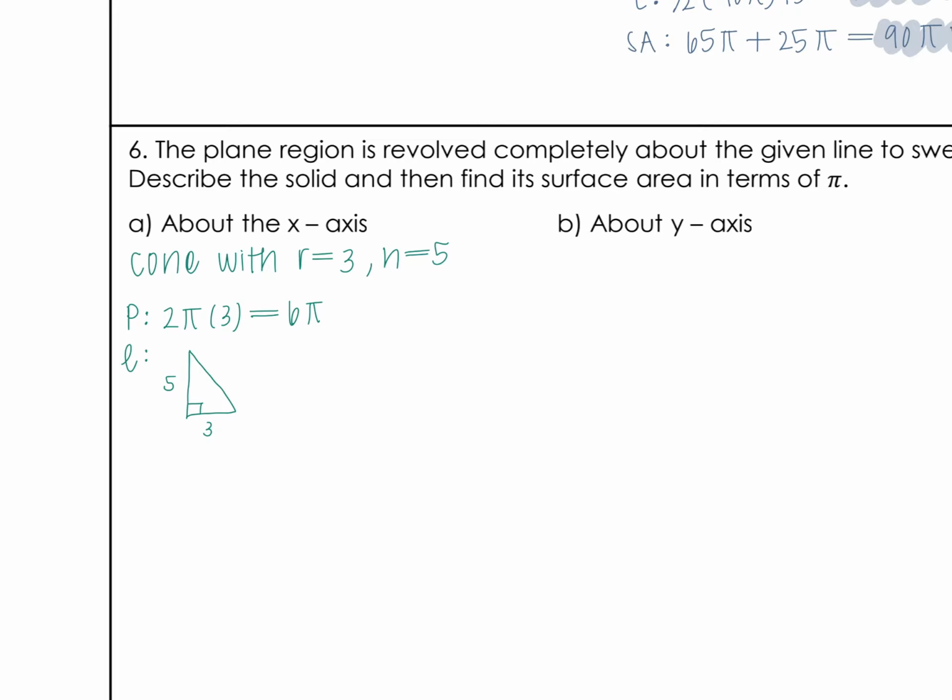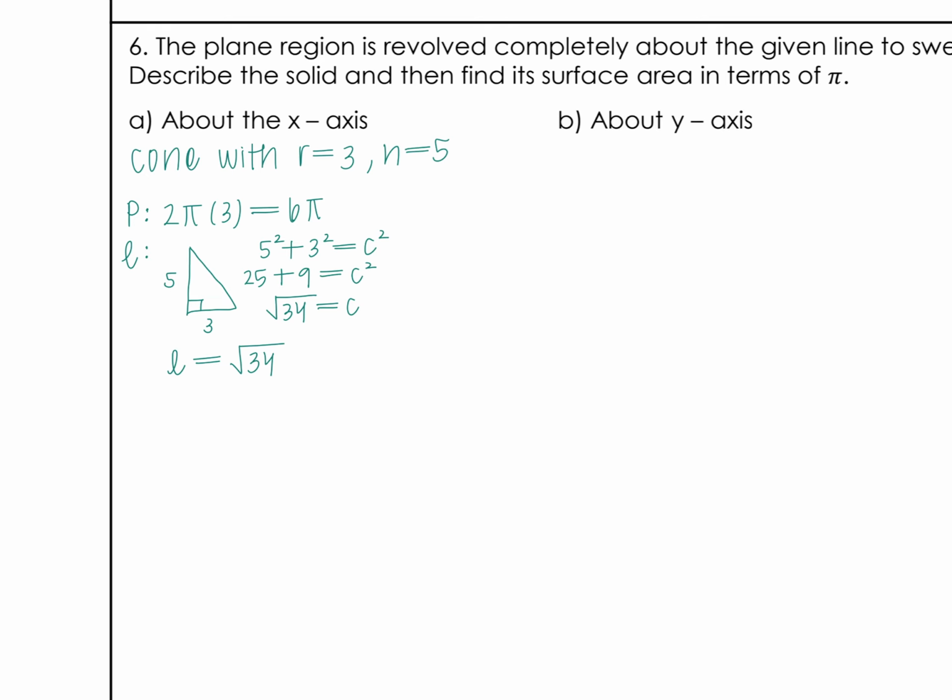So plugging into Pythagorean theorem, I'm going to have 5 squared plus 3 squared is equal to my c squared. When I square, I get 25 plus 9 is equal to that c squared. Adding them, I should get 34 is equal to my c squared. And so here we're going to have a slant height that is going to be equal to the square root of 34.